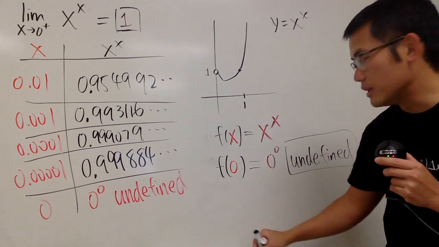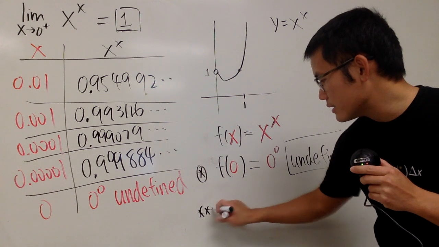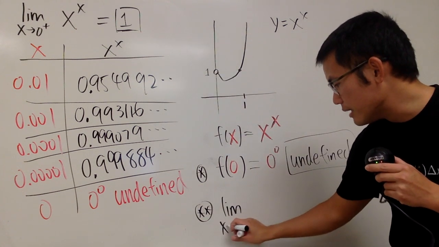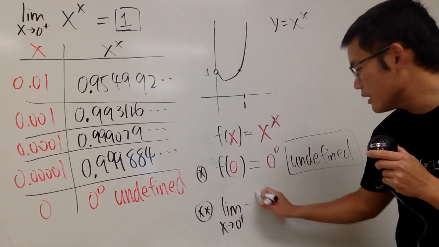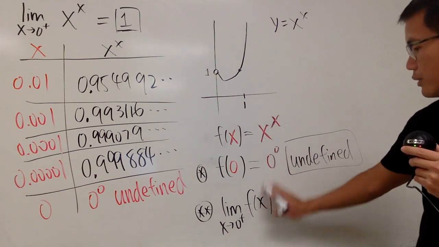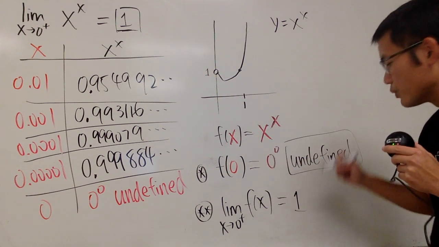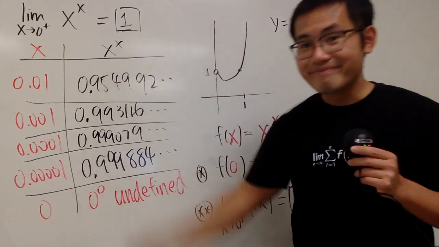So I'll just put this down right here as a note. And then here's the second note. Based on what we got, if we are talking about the limit as x approaching 0 plus of the function f of x, which is x to the x power, the answer to this right here is indeed equal to 1, right? So that's pretty much what we got right there. So that's it.